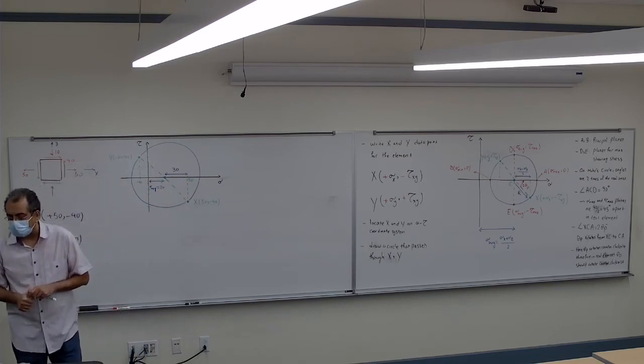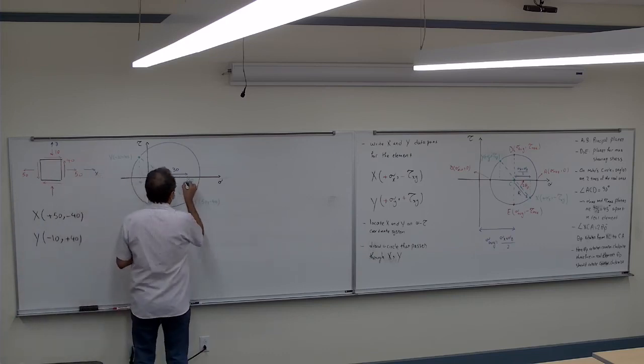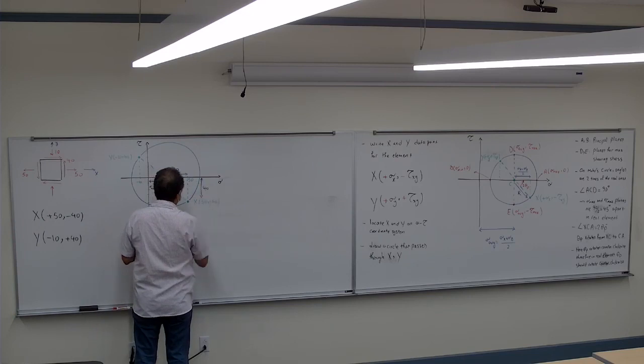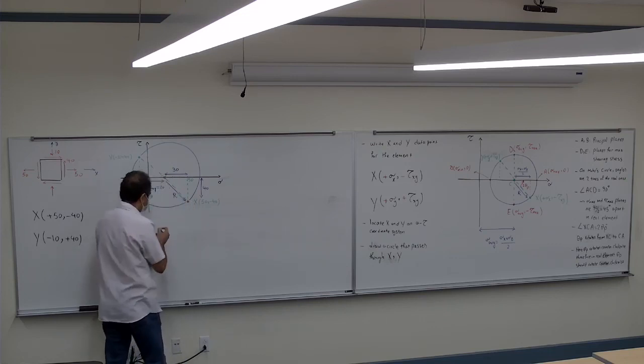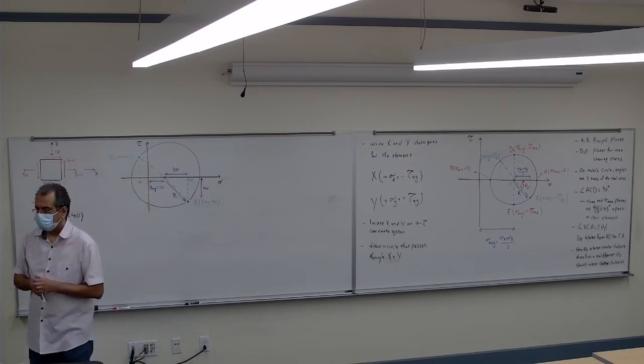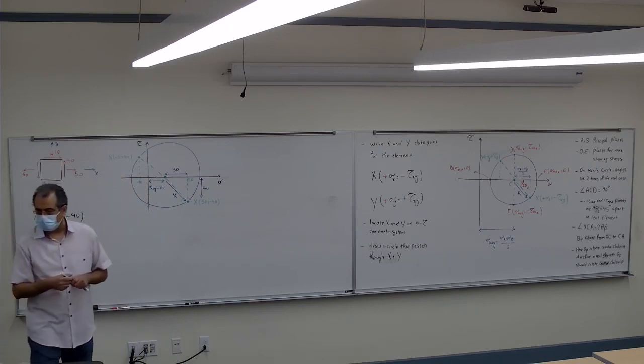How much is the height to the point of the x? 40. So if this is the R, how much is the R? 50. How do you calculate it?